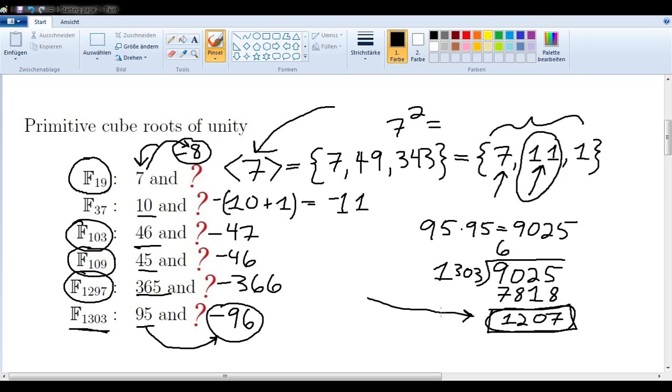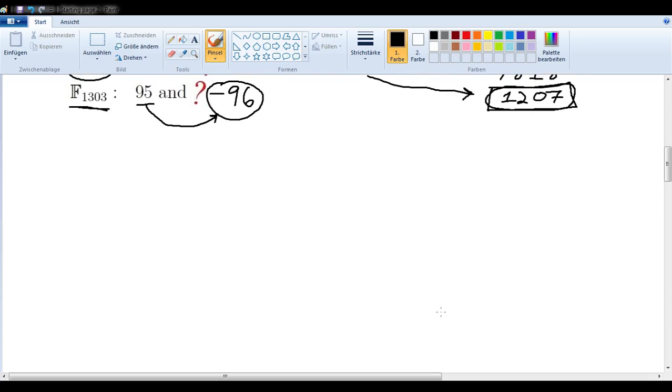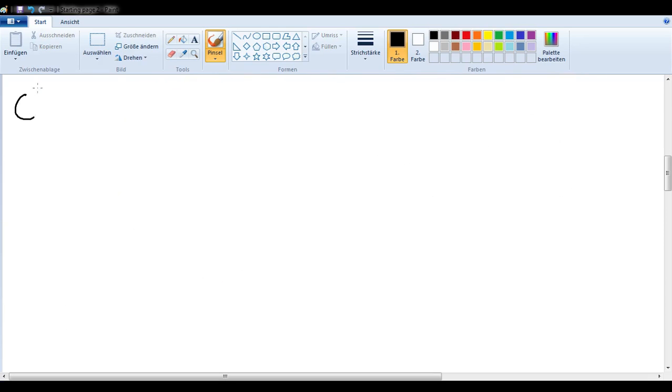But how can we be sure that this is a real trick and doesn't just work for these cases? Well, let's prove it. So here's my claim.